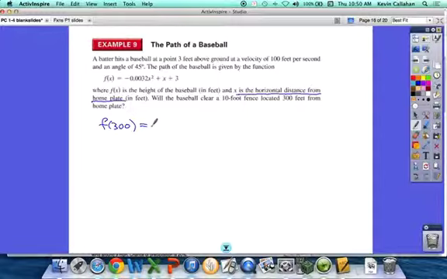By that point, you've already done problems where they gave the equation and said, find f of this, find f of that. That's all you're doing. Just plug in 300 for x. And in this case, that'll be negative 0.0032 x squared. Okay, put in 300.